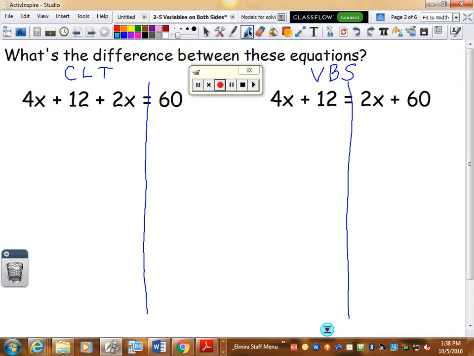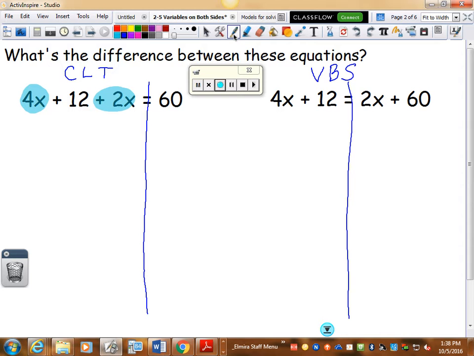If we look at our variable terms, the line down through the equal sign represents the battle line. 4x and 2x, they're our warriors. 12 and 60, they're civilians. They're not involved in this battle. 4x and 2x are both on the left-hand side of the line.